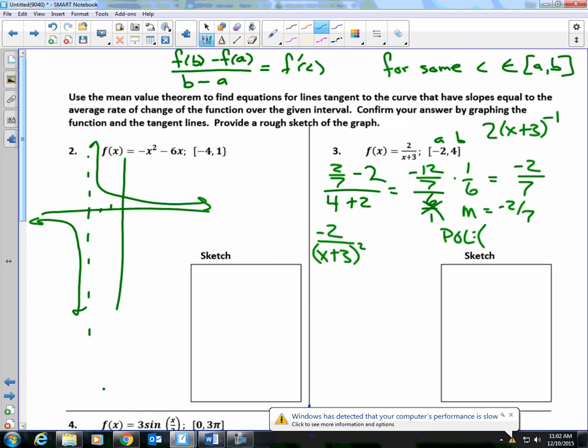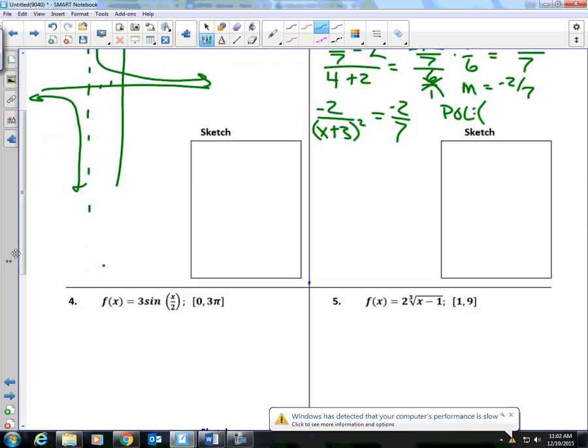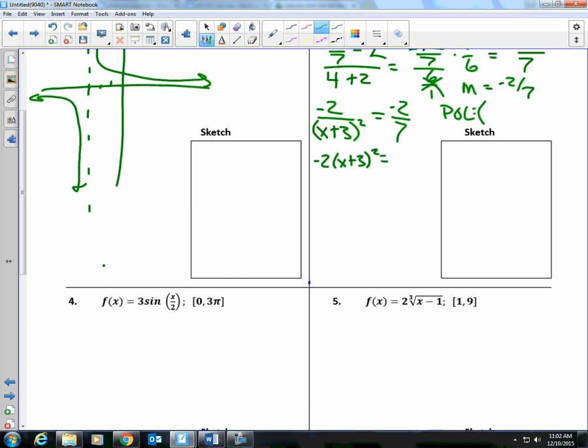Set that equal to what? How do we solve that? You guys are smart. Cross multiply. -2 times x plus 3 squared is equal to -14. Divide by -2. X plus 3 quantity squared is equal to 7.